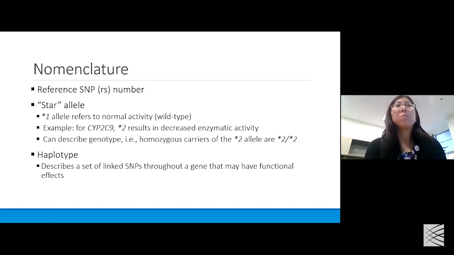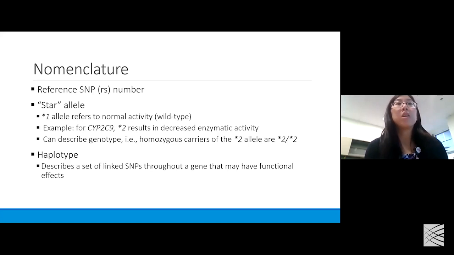I'd like to, at this point, review some nomenclature conventions. And so all of you are familiar with the use of the reference SNP number to identify genetic variants. But in pharmacogenetics, there's also the STAR nomenclature. And so certain gene variants can lead to altered function of the encoded protein. And this varies based on the gene of interest.